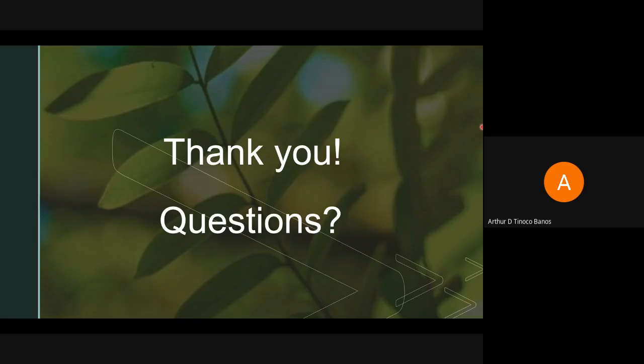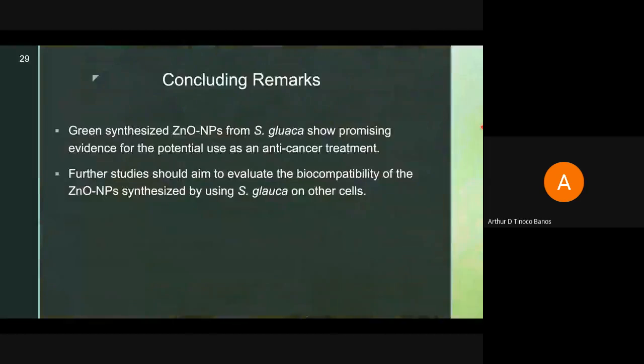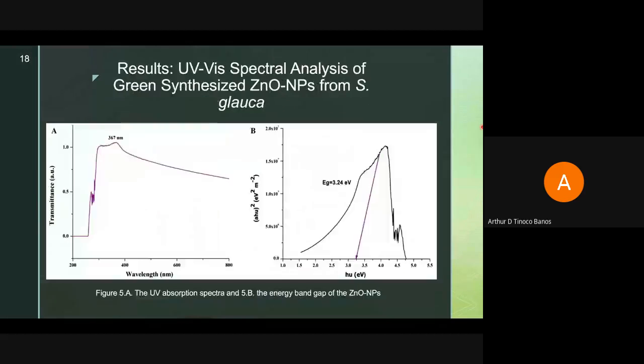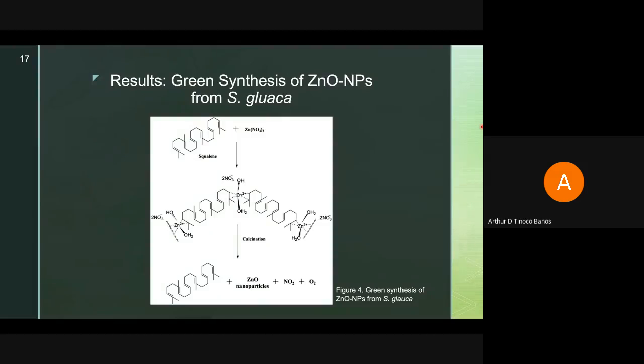All right, so my first question to you is, what do you think is happening with regards to the extract of the S. glauca that's leading to the formation of the zinc oxide after the combustion step? So what exactly is the extract facilitating? Could you repeat the question one more time? I'm sorry.